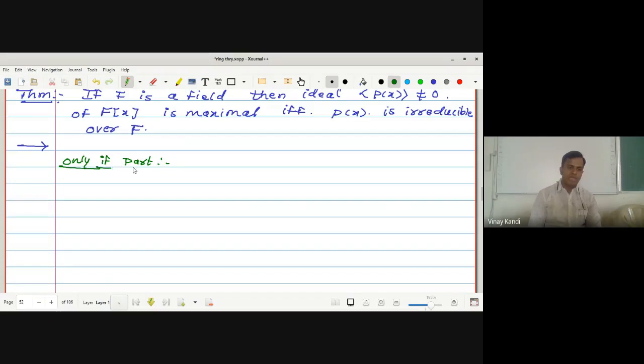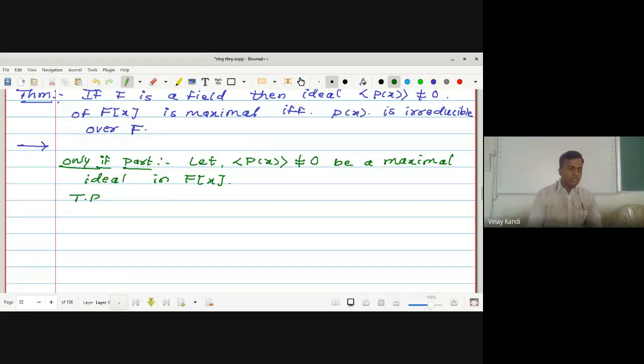In the first part, we assume that the ideal generated by P of X, which is not equal to 0, that is not a null ideal, is a maximal ideal in F of X. We have to prove that P of X is irreducible over F. So in the first part, let the ideal generated by P of X, not equal to the null ideal, be a maximal ideal in F of X.